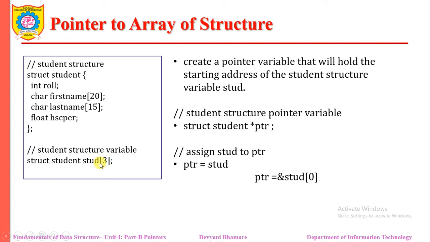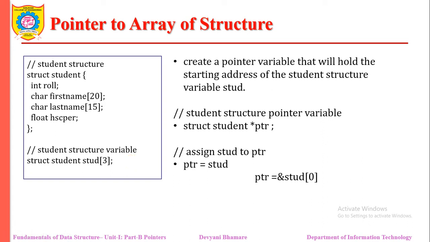If I want ptr to display the values of the 0th student, and I then increase ptr++, how much size will it take? We have seen that a pointer is increased by the size of whatever it is pointing to, depending on that scaling factor.